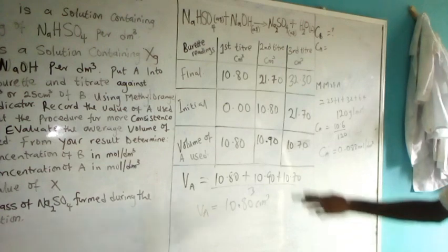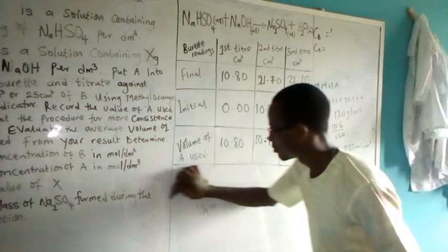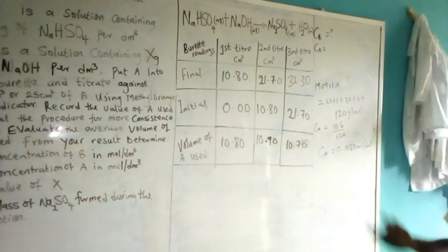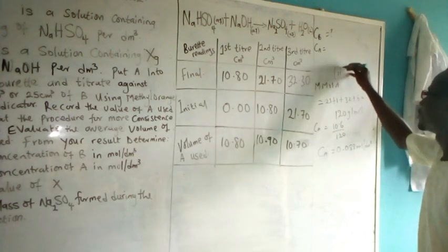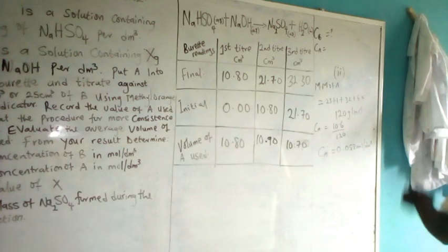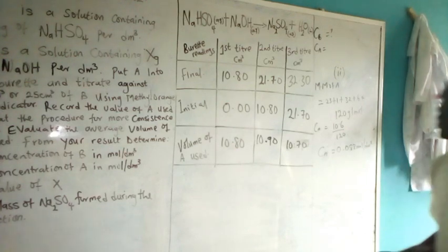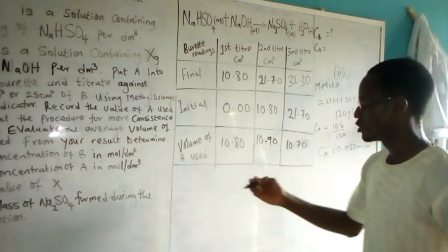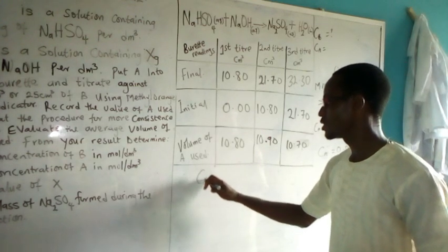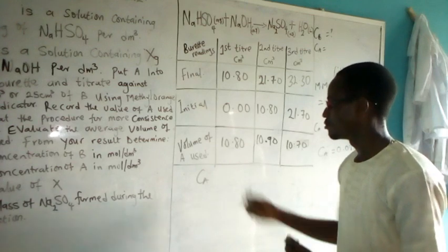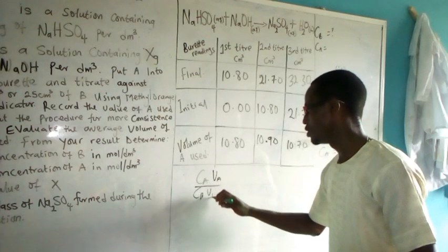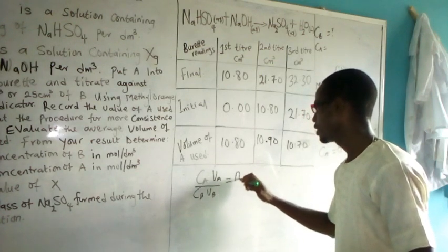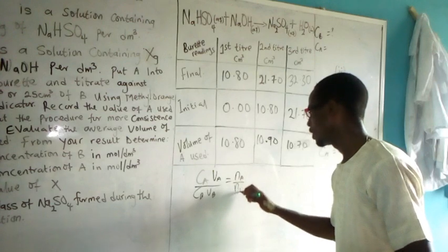So now, after taking this up, we can go ahead to find the concentration of the base. So with this, we have provided a solution for question II. Now for question I, how do we find the value of the concentration of B? That is somewhat easy using the formula CaVa over CbVb equals Na over Nb.